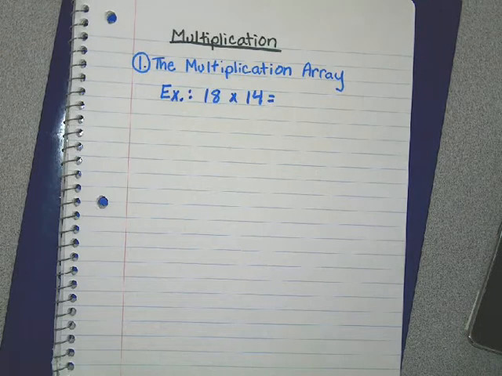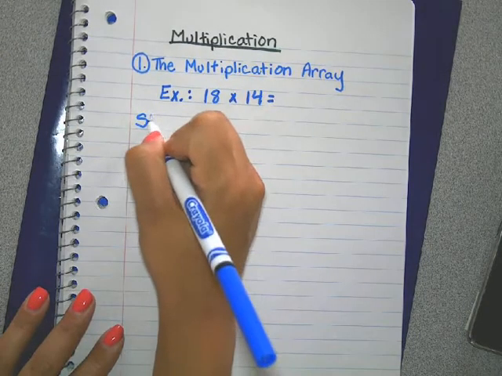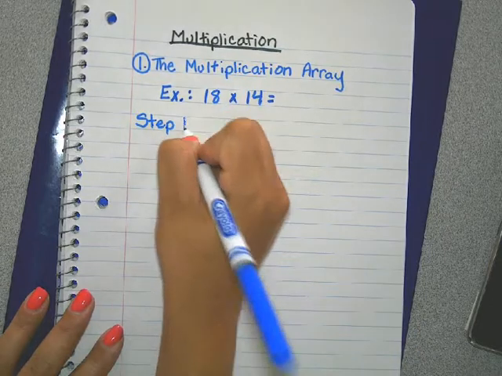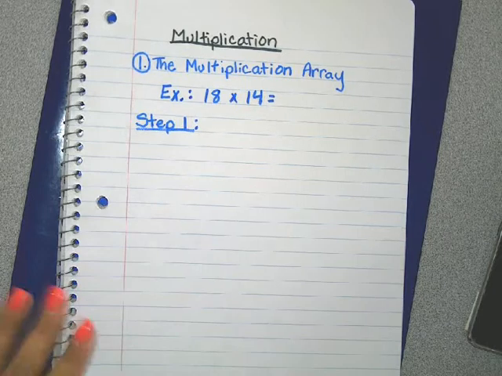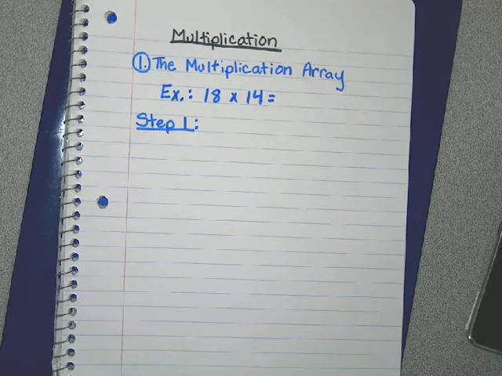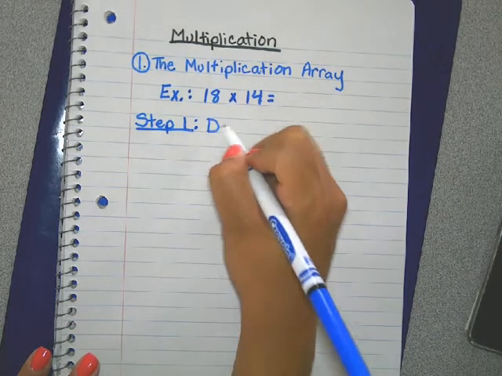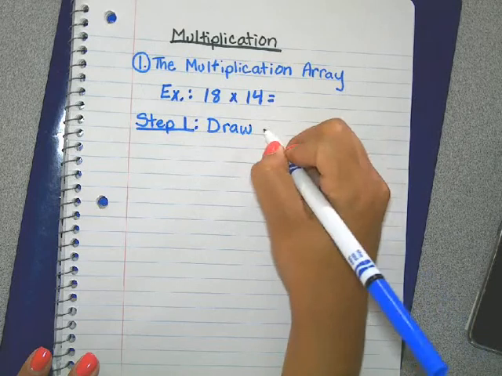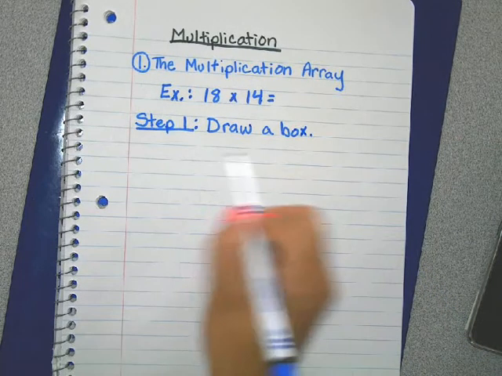What would you say is step 1? Raise your hand, please. What would you do first? You would draw the box with a line right here. Good. So step 1 is simply to draw a box.